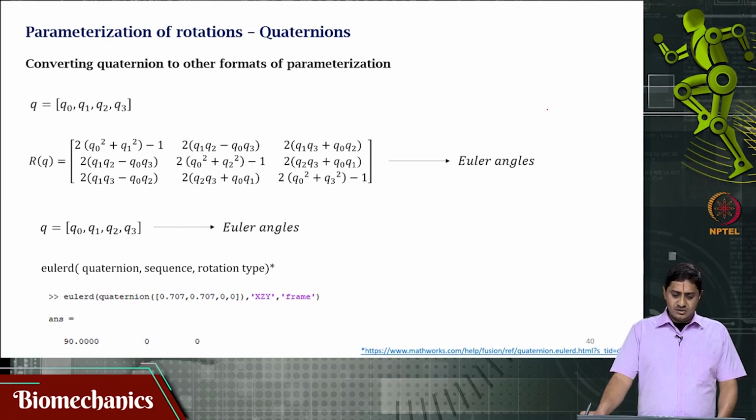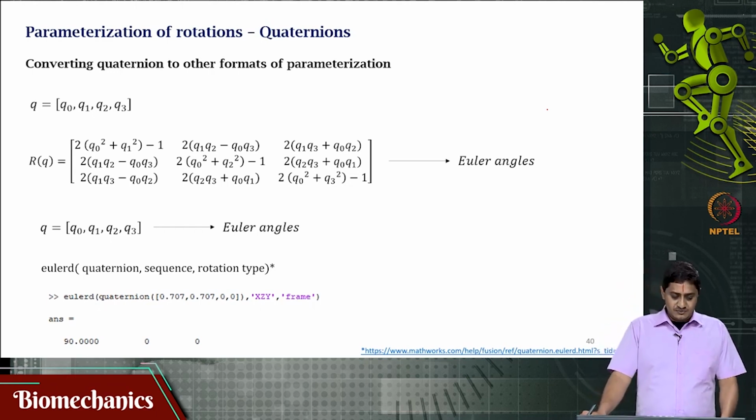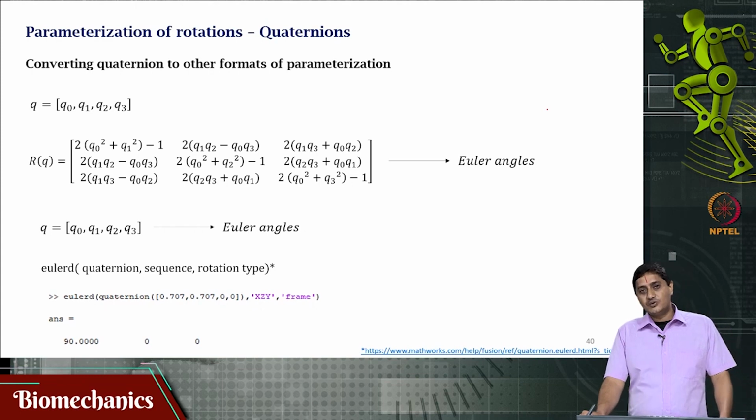Now, how do I convert this quaternion to other parameterizations such as rotation matrix or Euler angles? Why do I have to do that? Do I have to do that? The answer is yes, we have to do that. But why? Because as we just discussed, there is no intuitive understanding of quaternions, and I need to have an intuitive understanding.